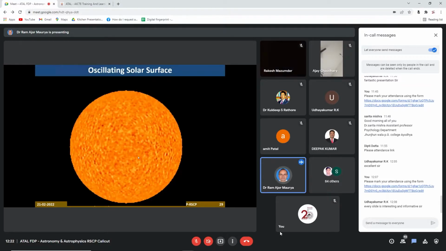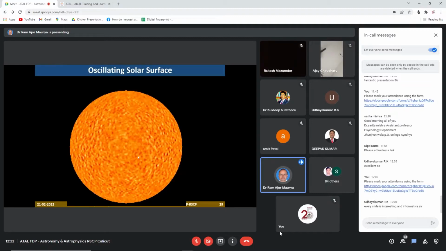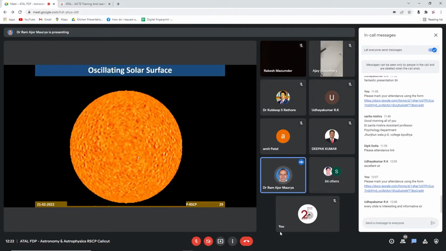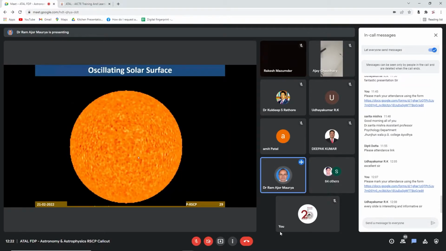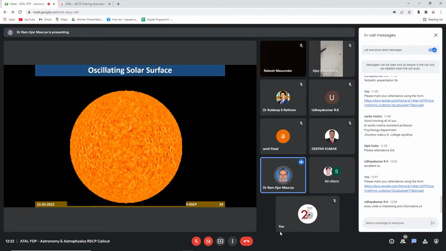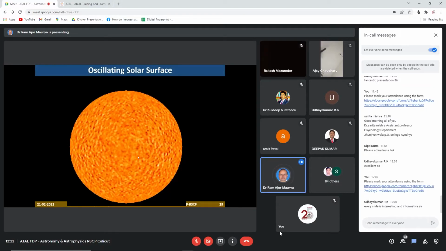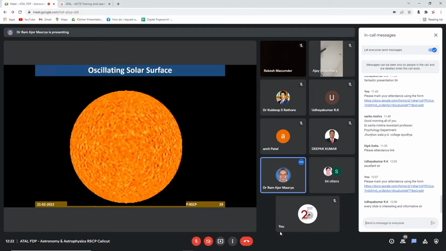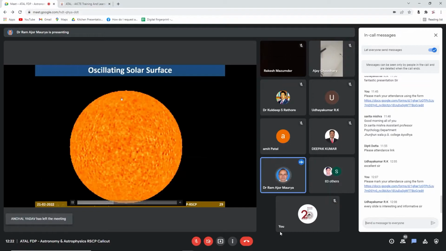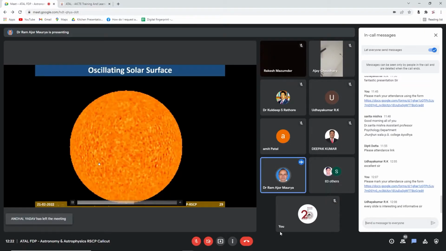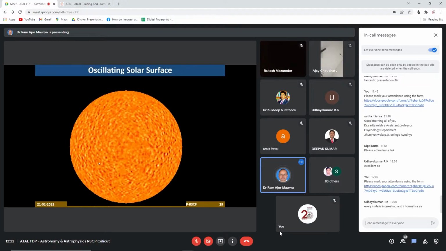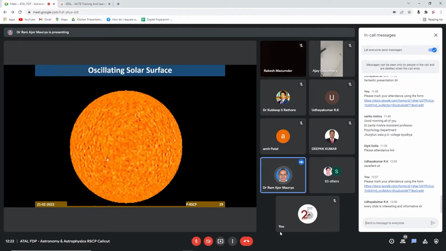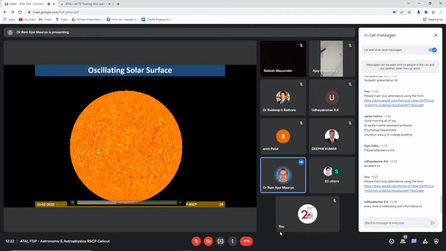Using that shift, let us say the shift is delta lambda, we can find the speed of that light source: delta lambda by lambda times c. This way, at every point on the surface of the sun, you can find the speed, how the plasma is going up and down, because they are the light source.